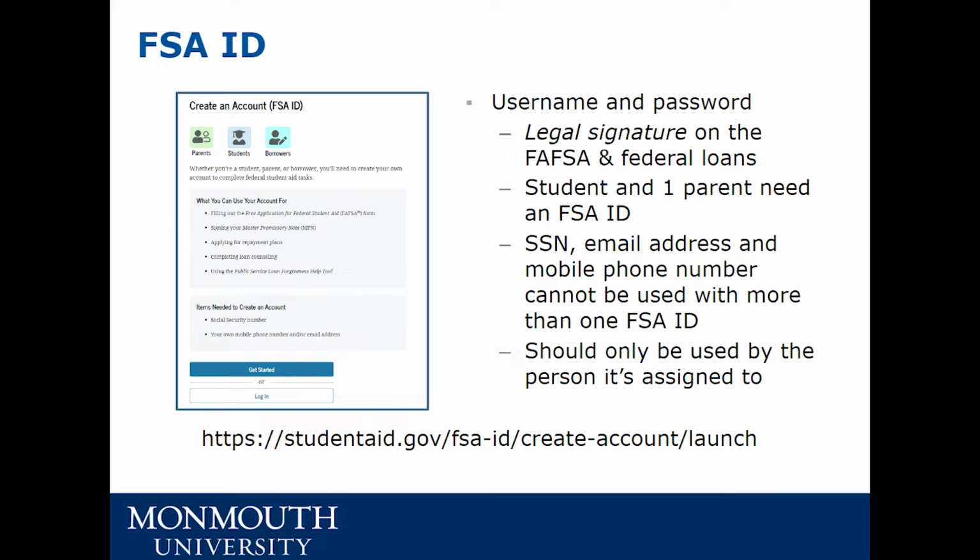It's important to note when you're creating the FSA ID, triple check Social Security numbers. That information is going to be checked with the Social Security Administration, so you want to make sure that the information is correct. Also, when it asks for an email address and a mobile phone number, student needs to put their information when they're creating their FSA ID. Parents, you put yours when you're creating your FSA ID.